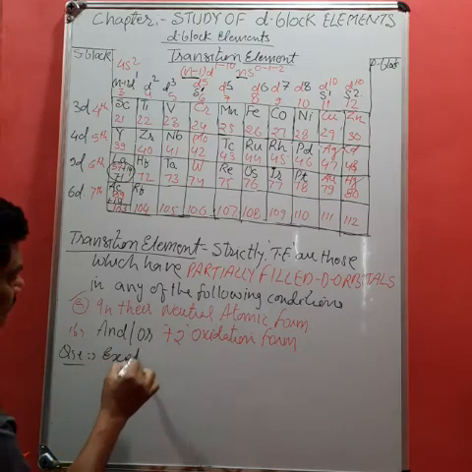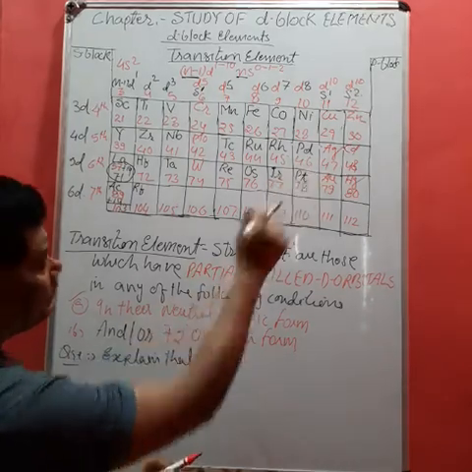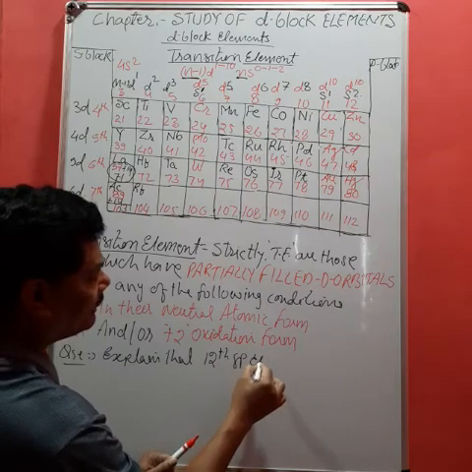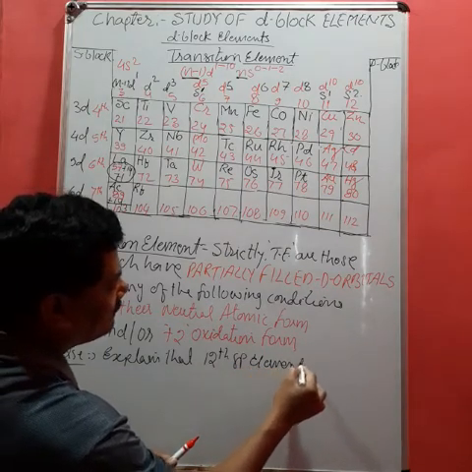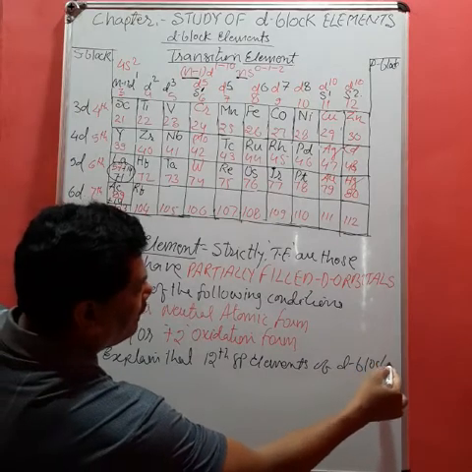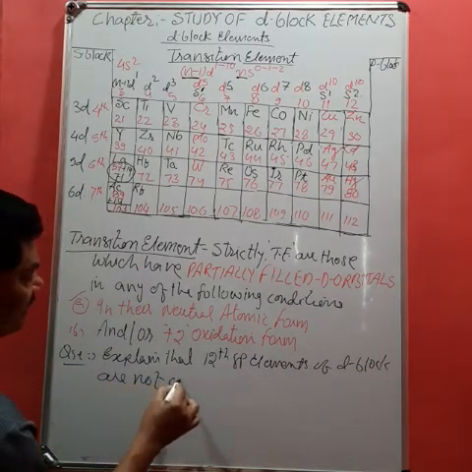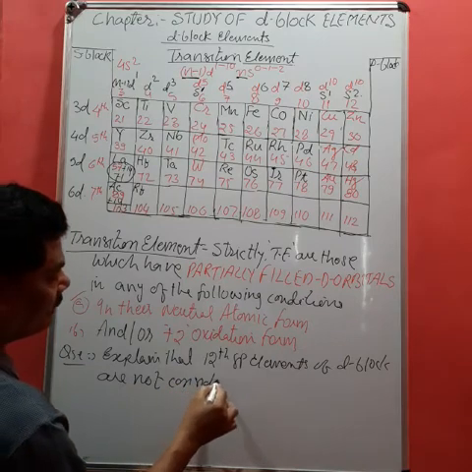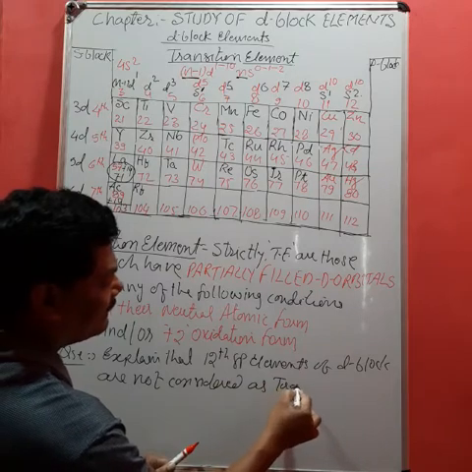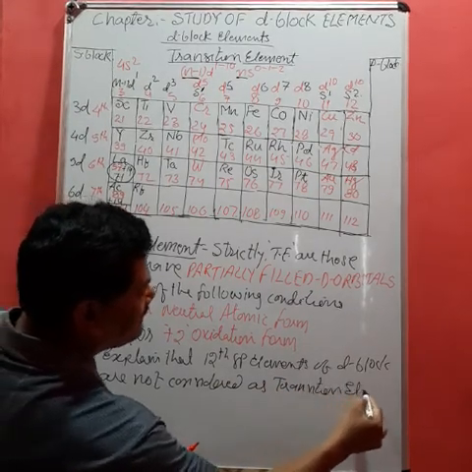Explain that the last one, 12th group elements of D block, are not considered as transition elements.